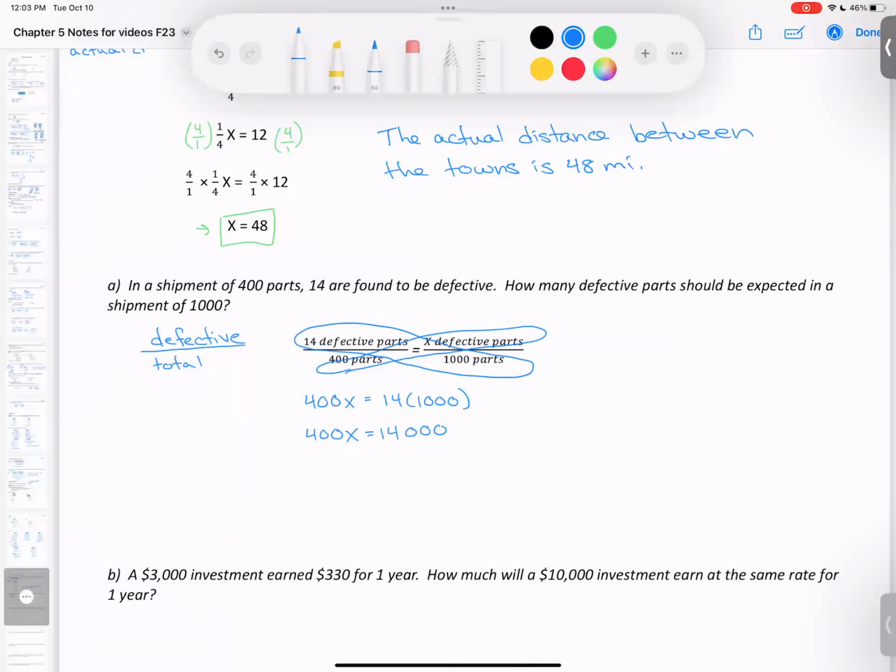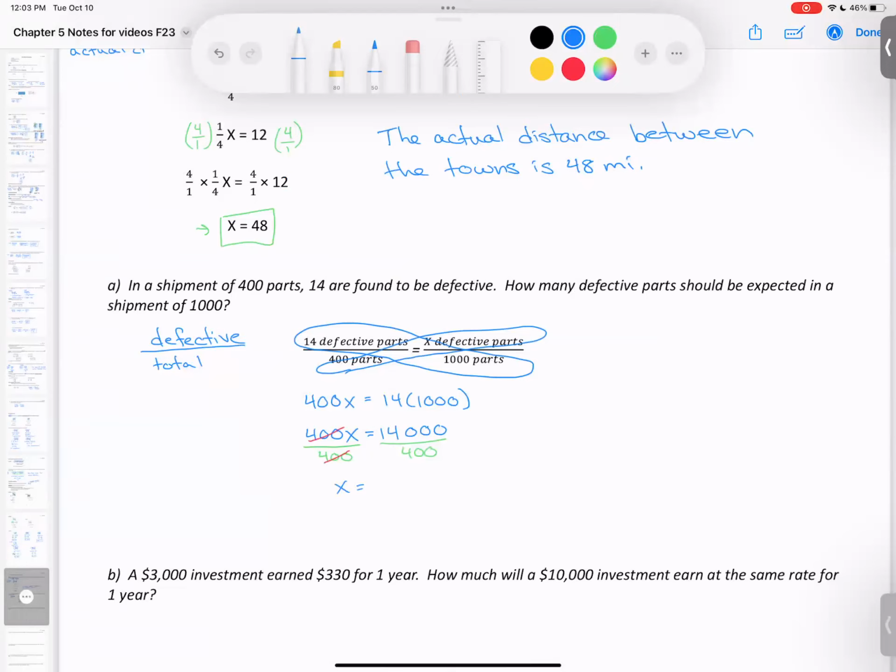Now we want to figure out what just one x is. This is called isolating the variable. We know that 400 x's equals 14,000. So let's divide both sides by 400, because if we divide by that number, our 400s are going to cancel here, and we're left with just a plain x.